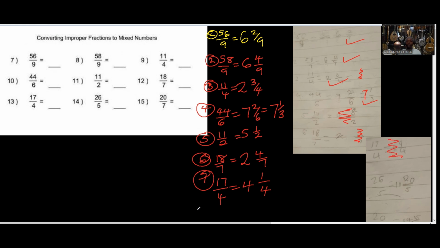Okay, number 14, we have 26 over 5. How many 5s are in 26? How many 5s will you see in 26?